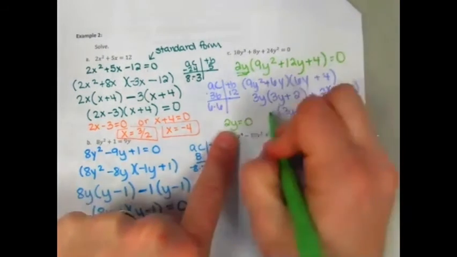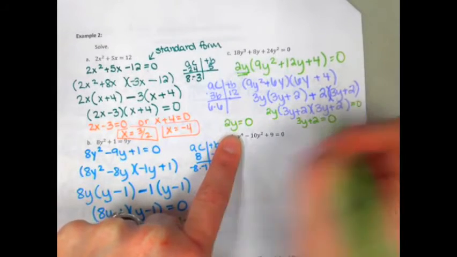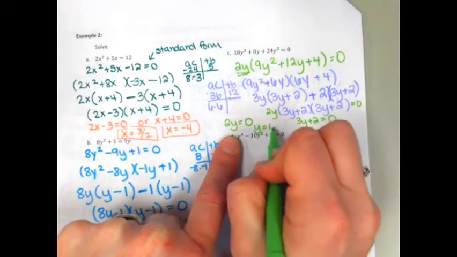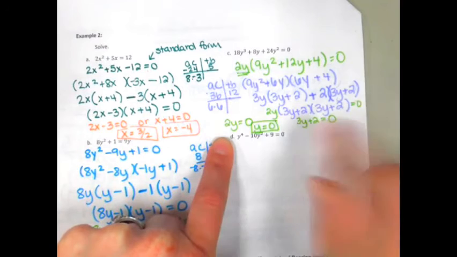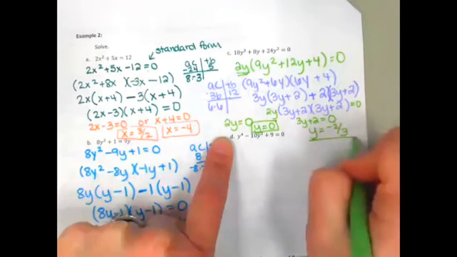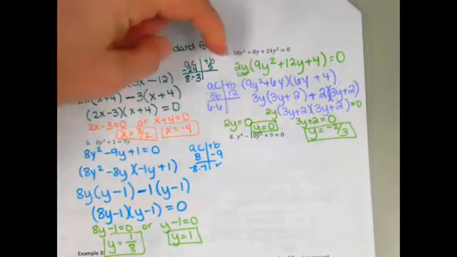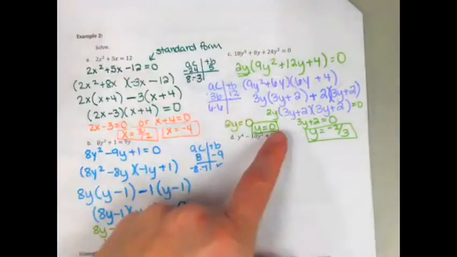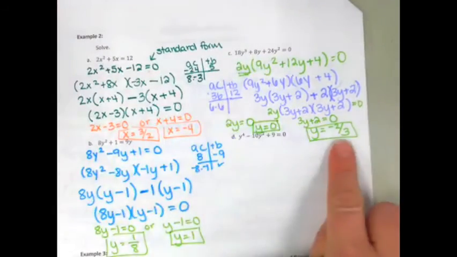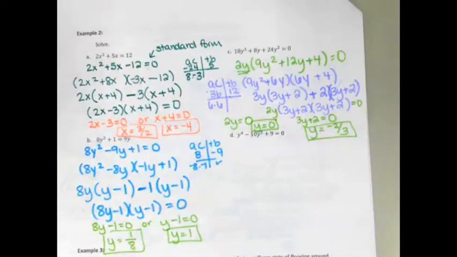So 2y equals 0, divide by 2, so y is 0. And here would be negative 2 over 3. Right. So in this case, we could have had a maximum of 3, but we actually only had 2. This is called a multiple answer, okay? All right.